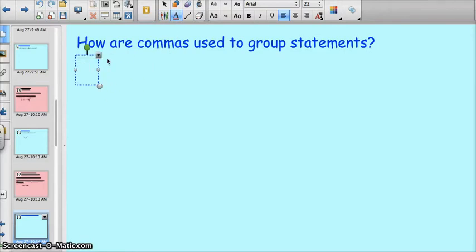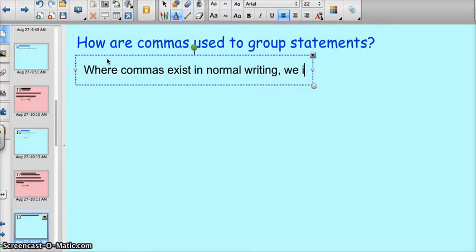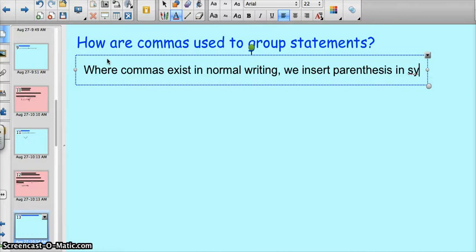All right, so talking about where commas exist in normal writing, we insert parentheses in symbolic nature.